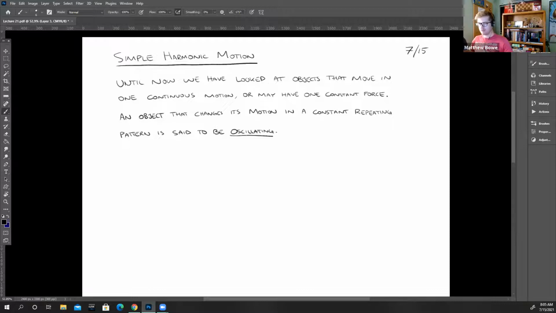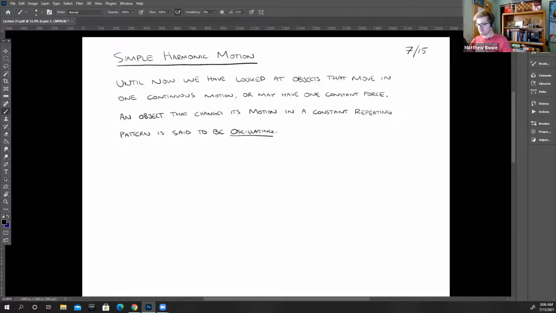Now, take, for example, that pendulum swinging back and forth. If we didn't have friction, mainly friction in the bearings or air friction, though we would need gravity for a pendulum to swing.